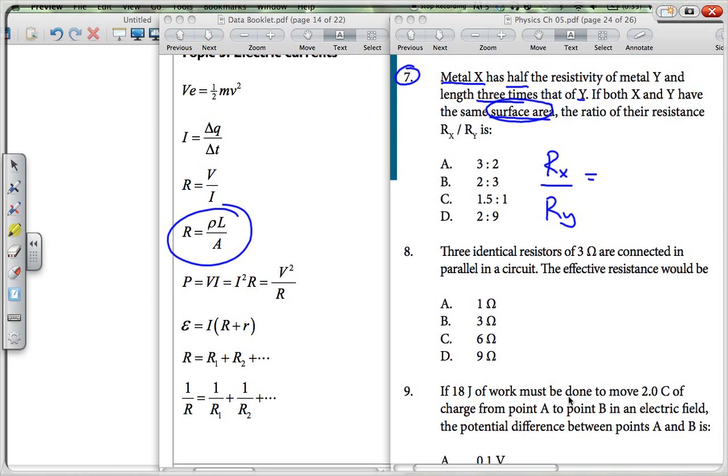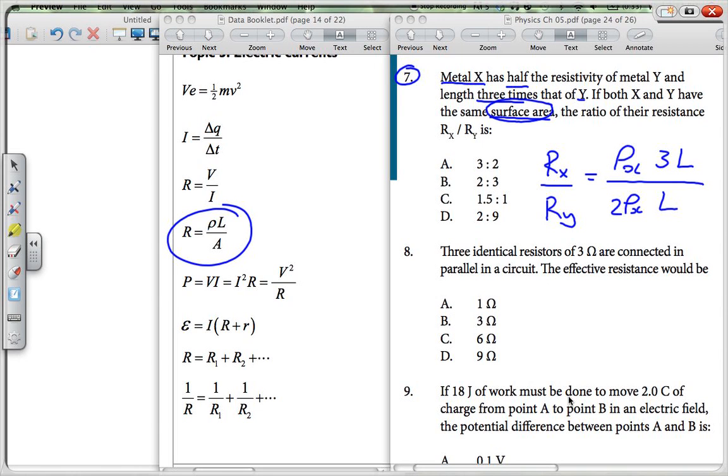Rx says that metal X has half the resistivity of metal Y. So if this is 2, this would be 2 rho of X, and that would be rho of Y, the resistivity. And then the length, it has a length 3 times. So if this is L for Y, this would be 3L for X.